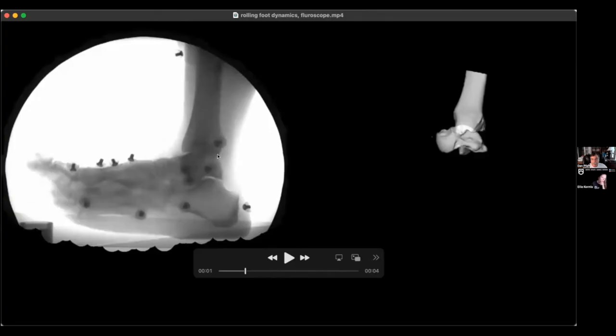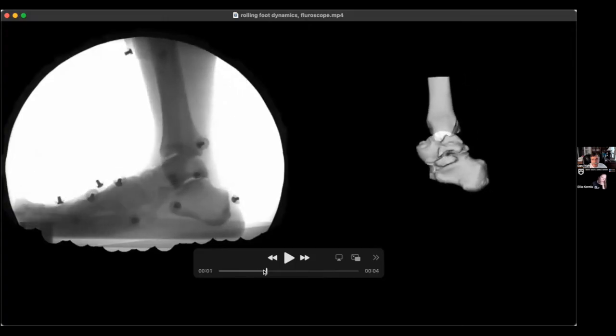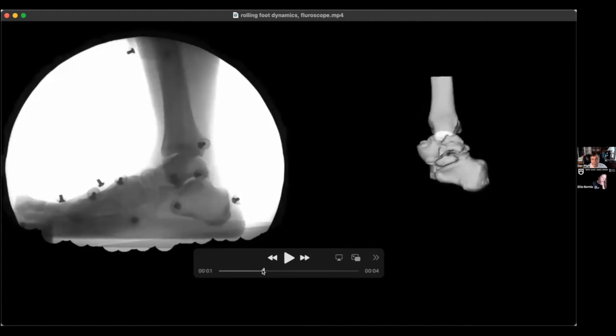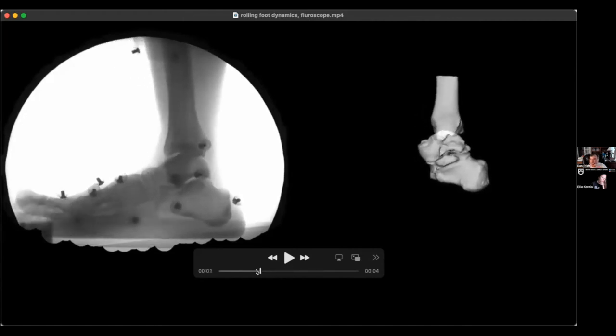So if we really hone in on the tibia here, you can see a certain spacing. We can see that spacing change, and we can see how that tibia rotates about the talus joint. So all of these joints are constantly gliding and sliding and rotating.